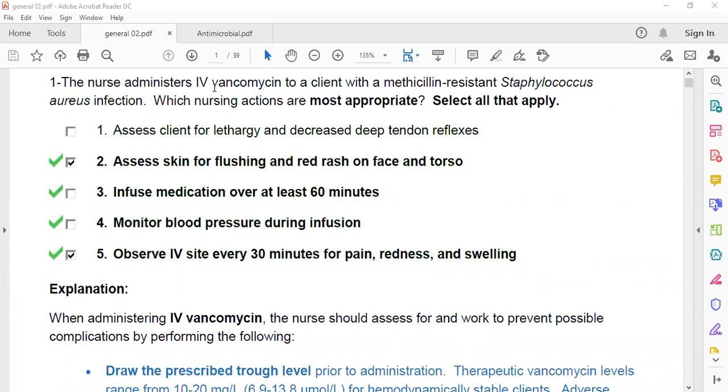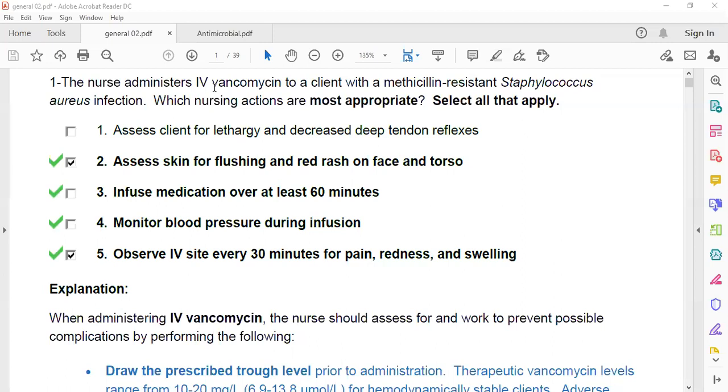So we give vancomycin to someone with an infection who is resistant to methicillin, MRSA resistant. So the medication is vancomycin IV.